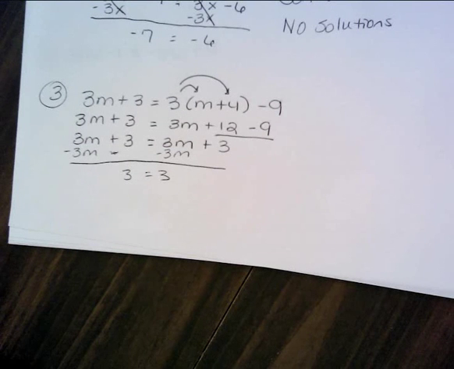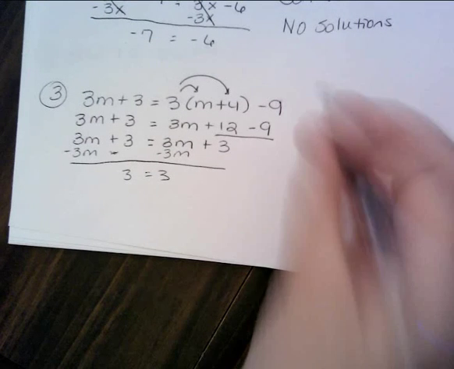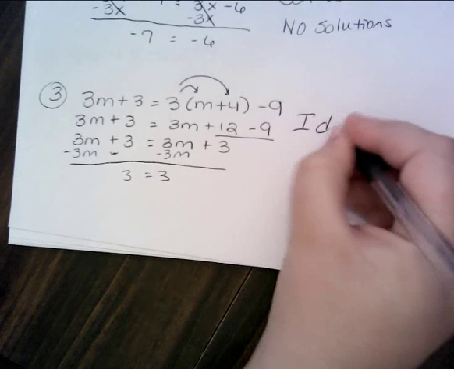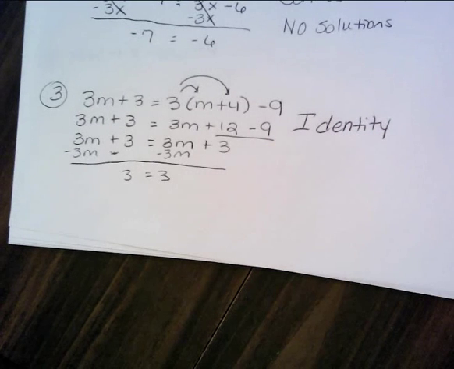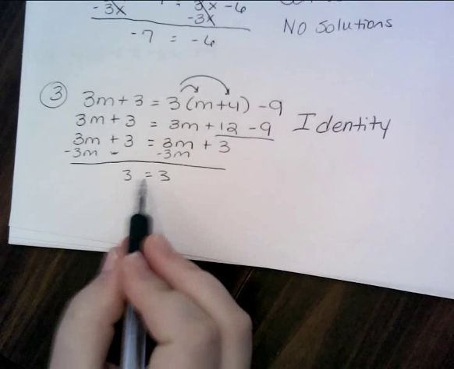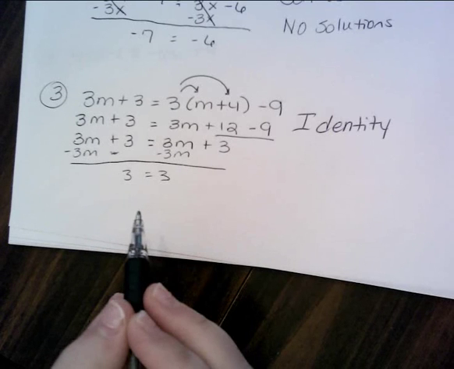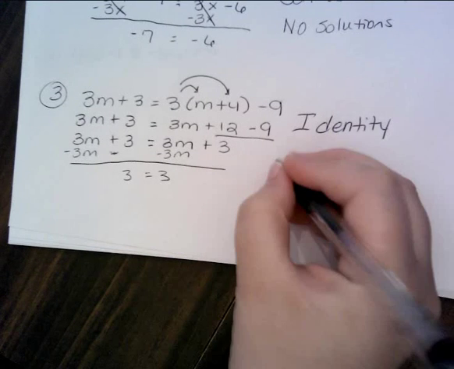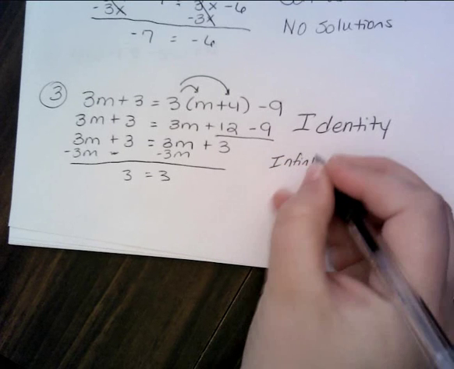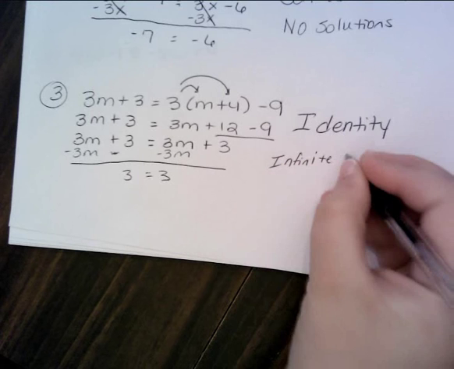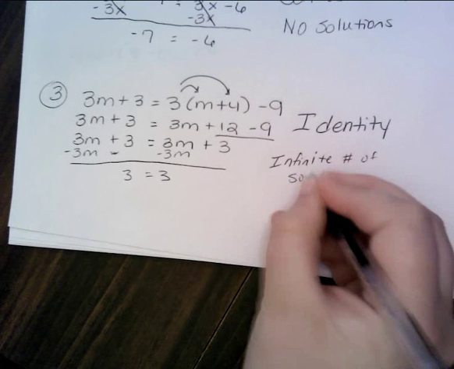That is a true statement, and it is called an identity. Think about whenever you see identical twins, they look the same. So an identity is when you get one number equal to that same exact number. Whenever this happens, this means that you're going to have an infinite, don't judge me, number of solutions.